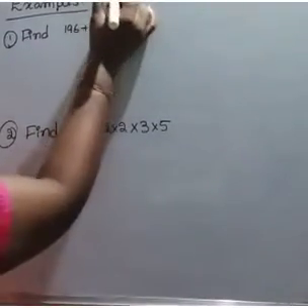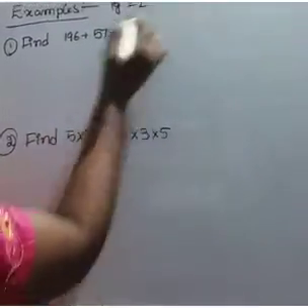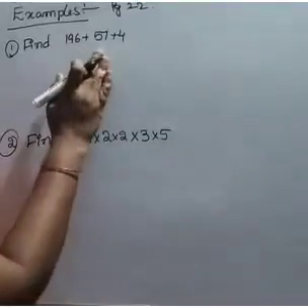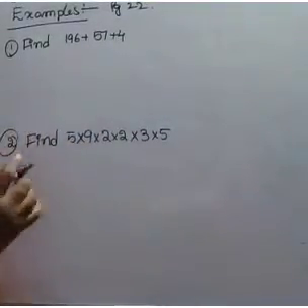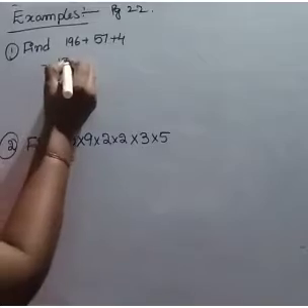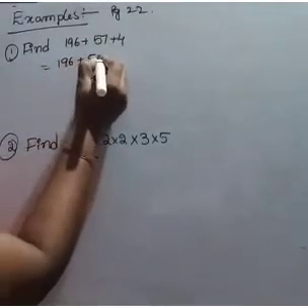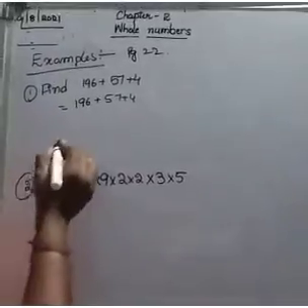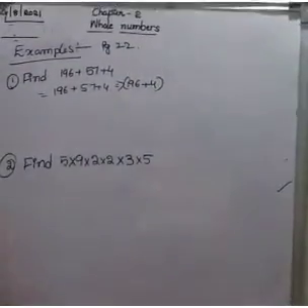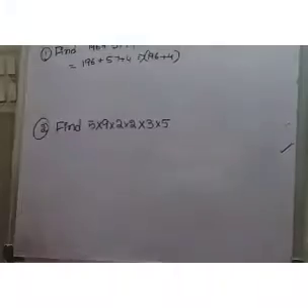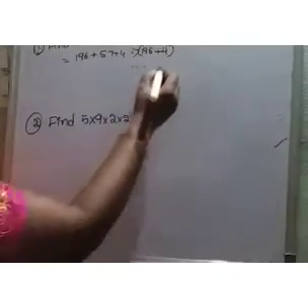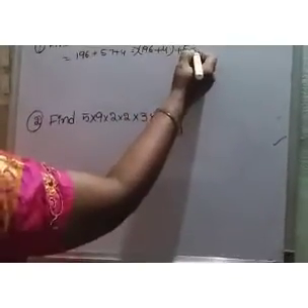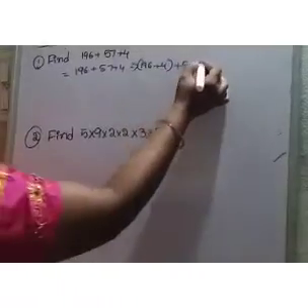Examples, page number 22. Find 196 plus 57 plus 4. 196 plus 4 plus 57. This is associative property.